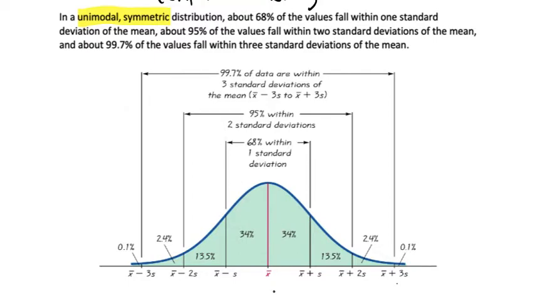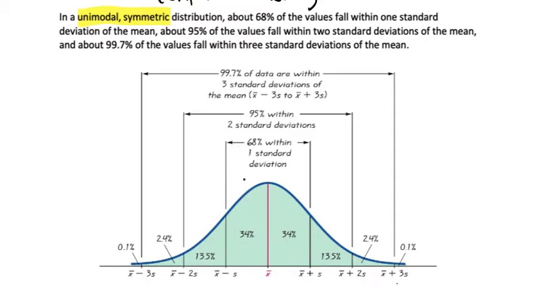And we can see that in this picture below. So this pink line in the middle represents the mean, and then we can add one standard deviation, two standard deviations, and three standard deviations. We can also subtract one, two, and three standard deviations.